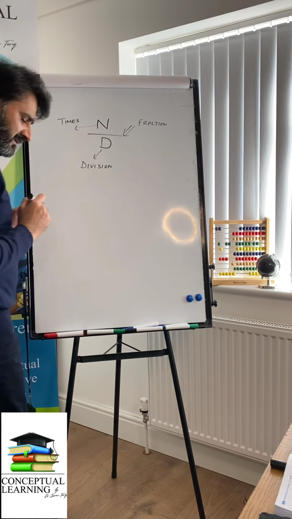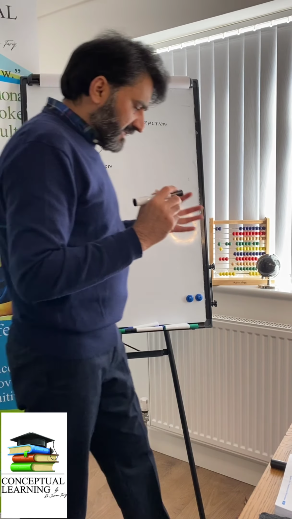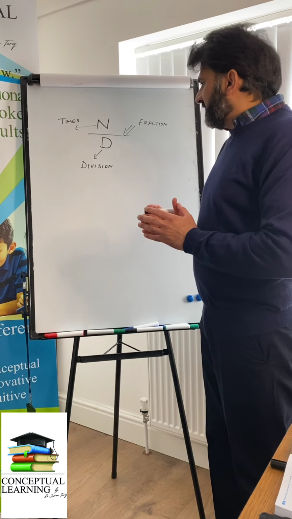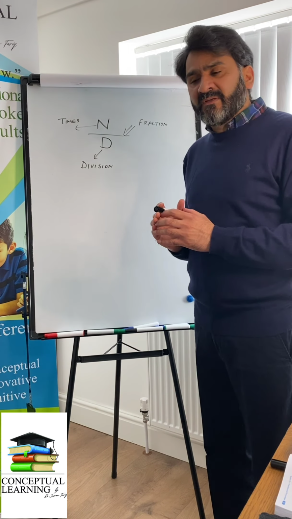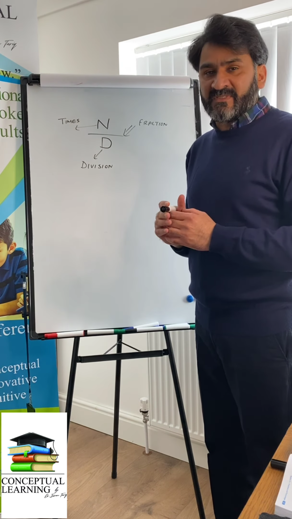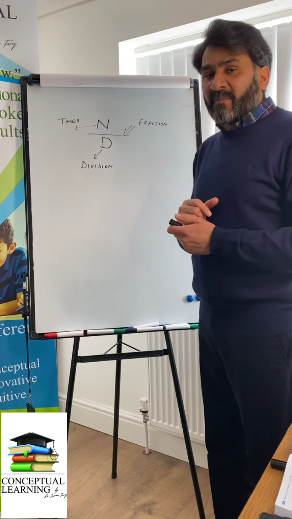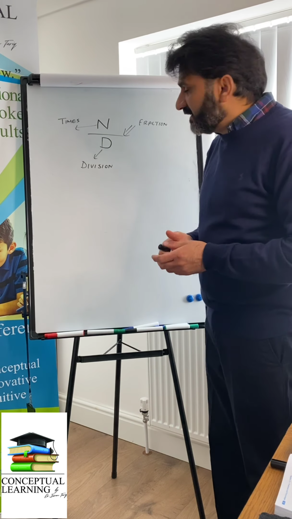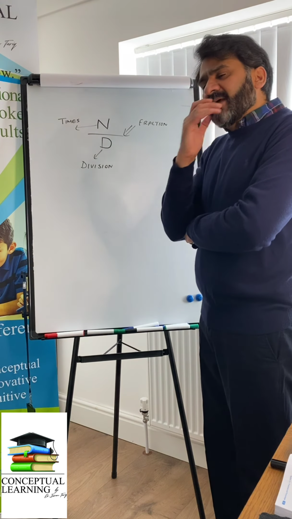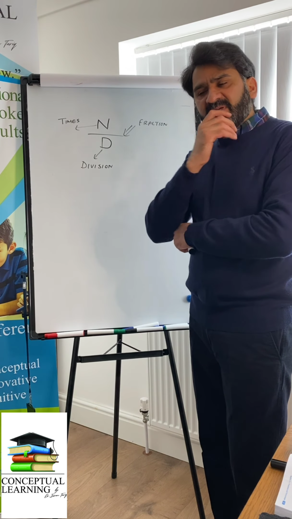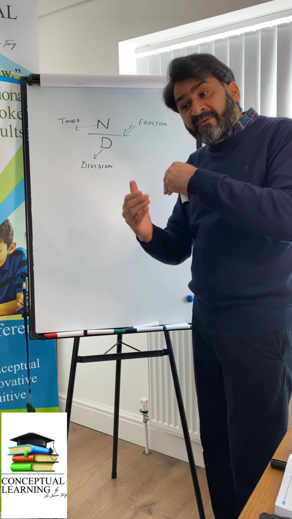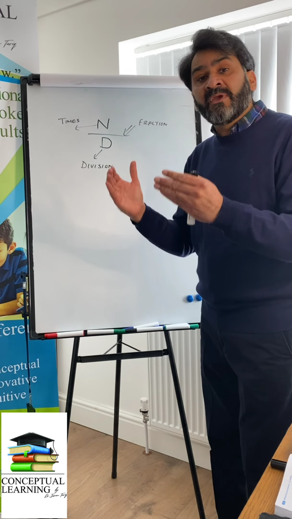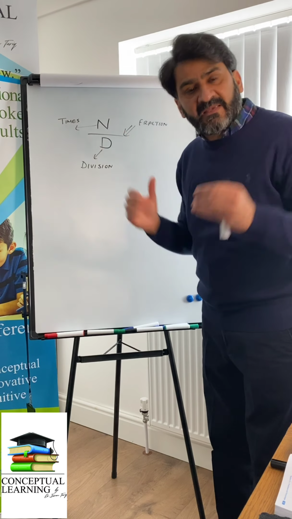Then we can go inside and see that if the top bit is times and the bottom bit is division, then we compare times with division. Another thing should come to your brain as well: if we increase the times, the number becomes bigger, bigger and biggest.